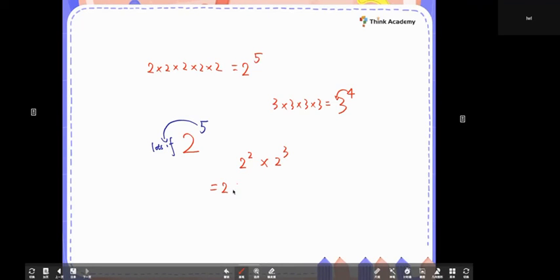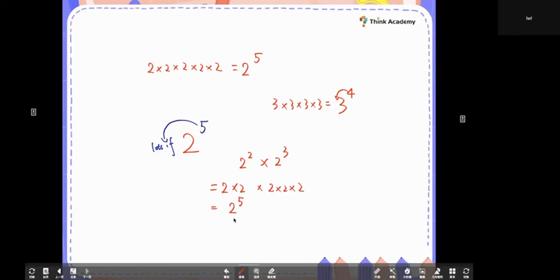With 2 squared, we have 2 lots of 2 multiplied together, and with 2 cubed, we have 3 lots of 2 multiplied together. If we write this into powers, we just count how many 2's are in this multiplication. In total, we have 5, so that should be 2 to the power of 5.